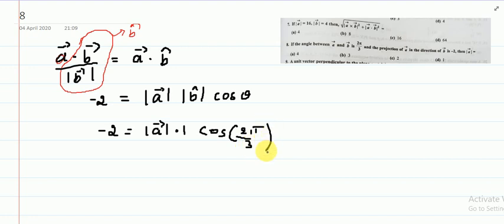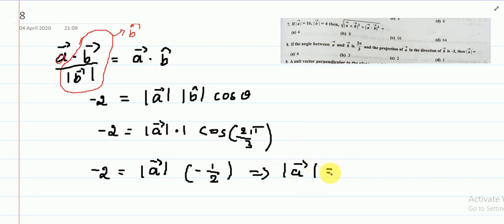Okay, so 2 pi by 3 gives you minus 1 by 2, therefore minus 2 is equal to magnitude of A into minus 1 by 2. If you simplify this, you will get magnitude of A is equal to 4. Therefore, which is the correct option? Option A.